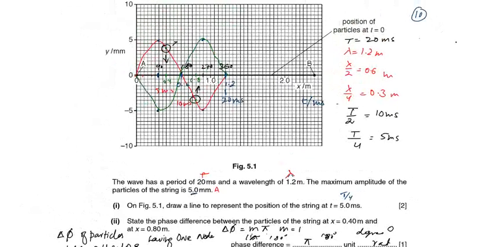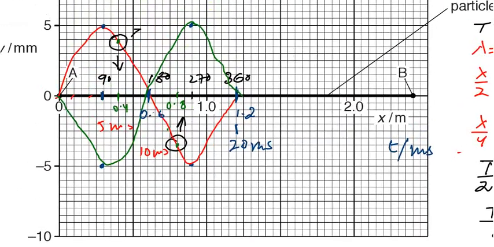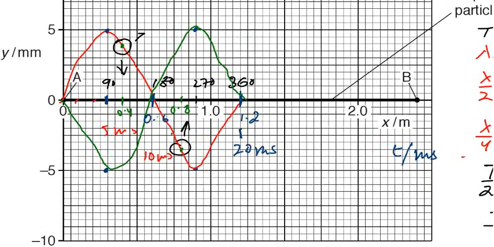And we construct the table accordingly. Here it will be 1.2 meters, so half of it will be 0.6, in accordance with the wavelength, because it's a displacement distance graph.